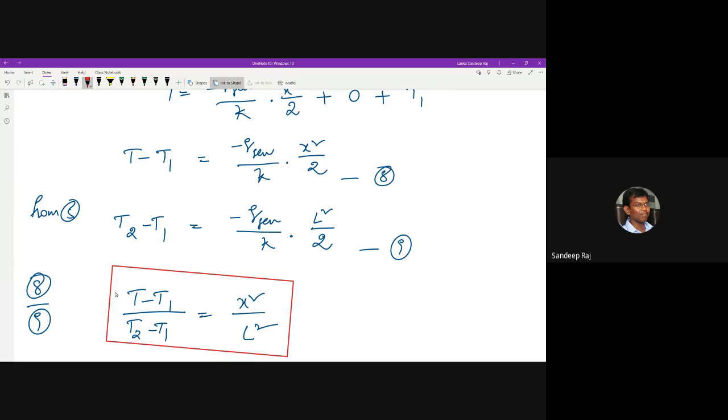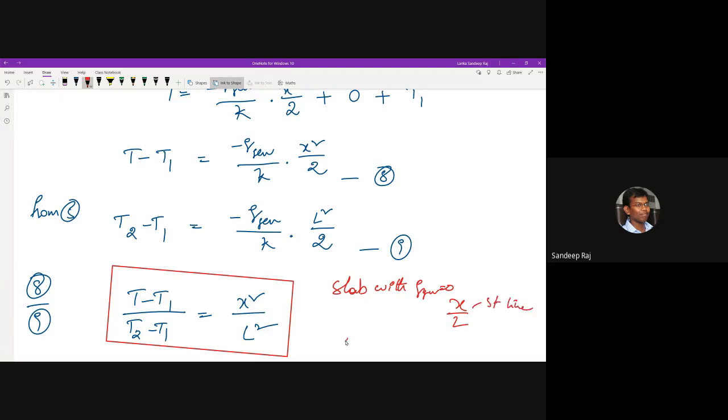Okay. See, if you remember, this equation is x by L for a simple slab. Now that you got an internal heat generation here and a parabolic variation of the temperature, you got x square by L square. For a slab with Qgen equal to 0, it is x by L, meaning straight line variation.